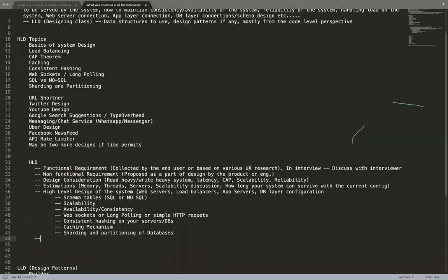And then the last part is conclusions of the design and how you will maintain your system. So these are the different parts which are discussed as part of HLD.